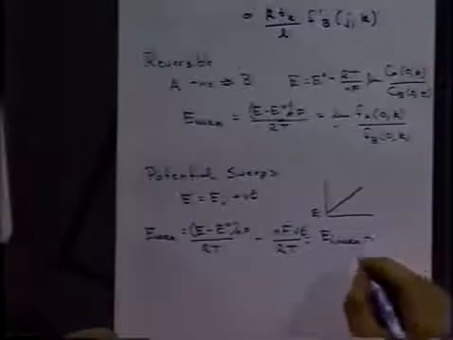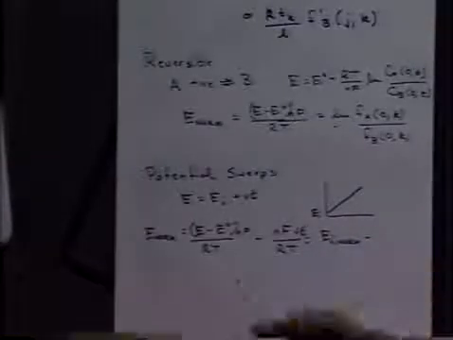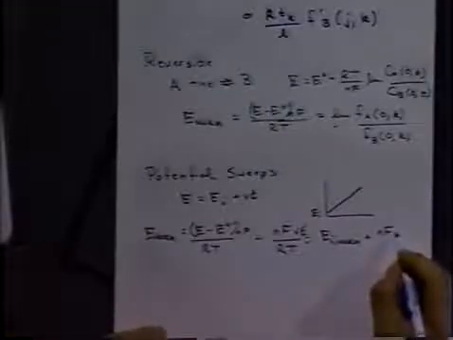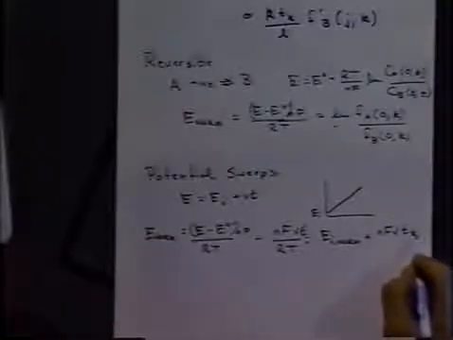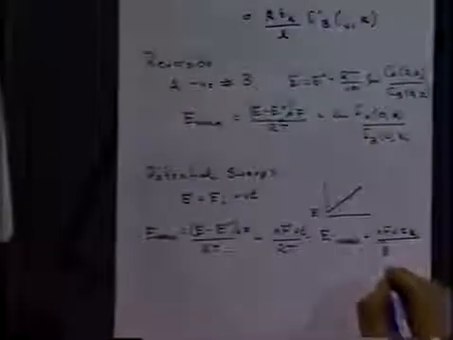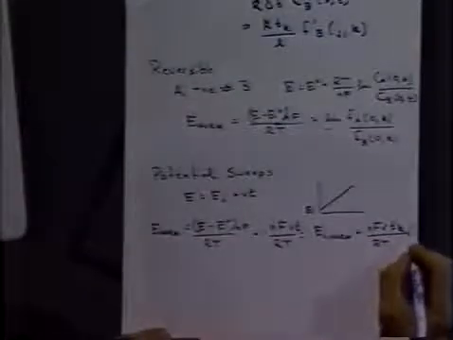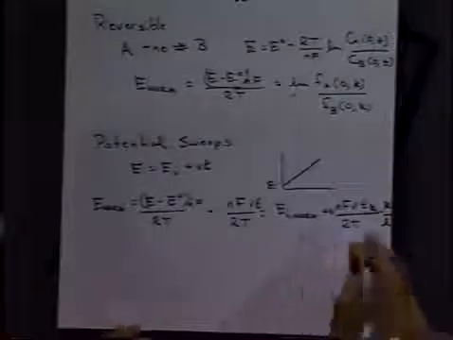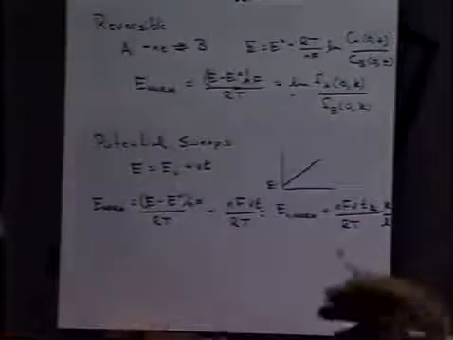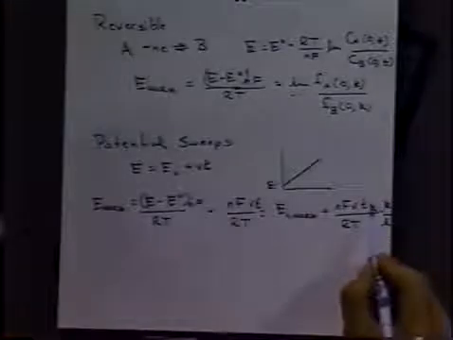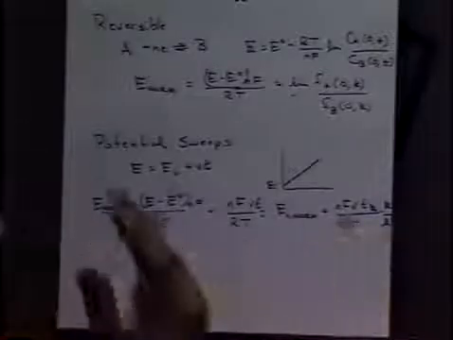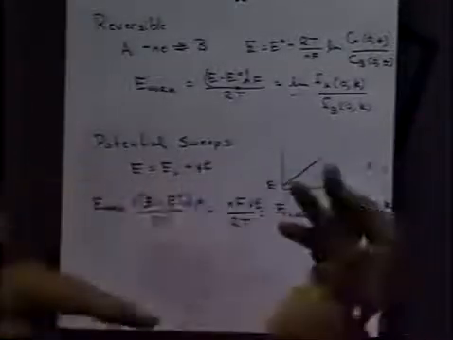And so E initial norm would be the dimensionless initial potential, and then we have a term that would be our dimensionless variable potential, and our units would be something like so, where again this NF over RT is allowing us to cancel out the voltage part. This would be canceling out the time part. In this case, a characteristic time rather than the step time, since we don't have a step time anymore.